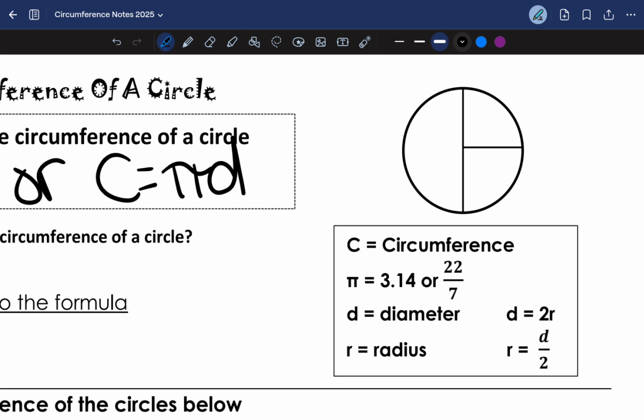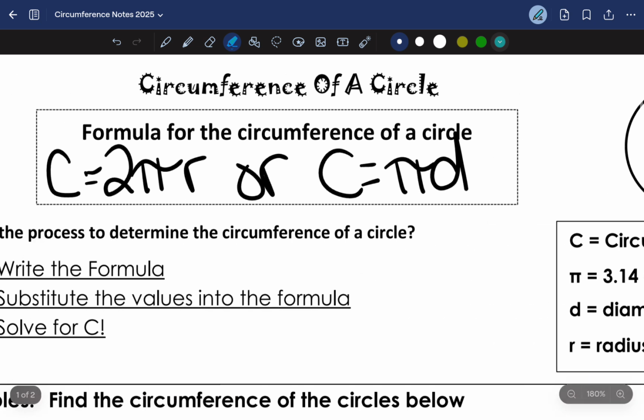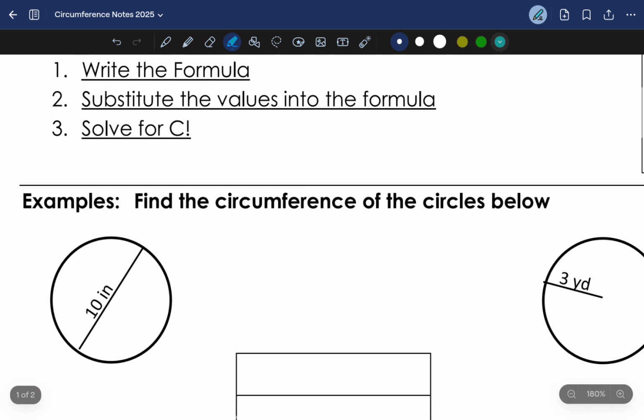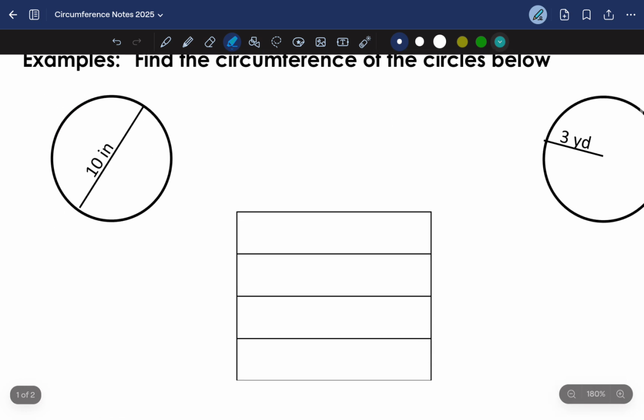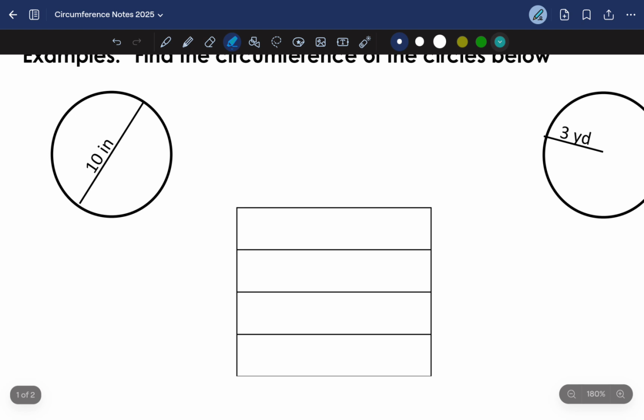D stands for diameter, and r stands for radius. To find the diameter, multiply your radius by 2. If you need the radius, divide your diameter by 2. Let's practice finding a couple of circumferences, and then we will move on.